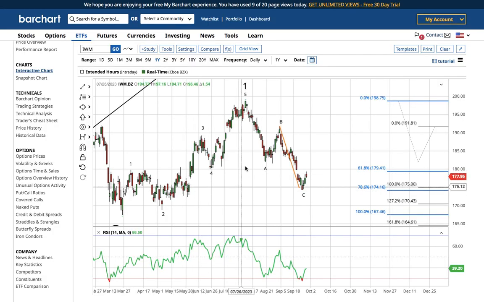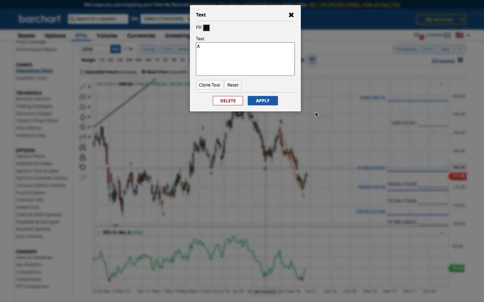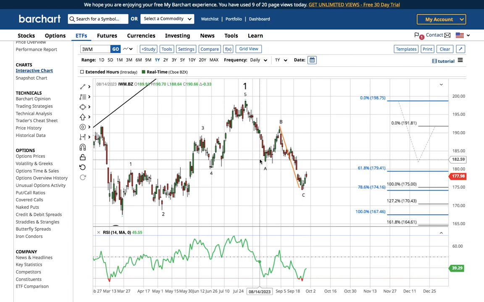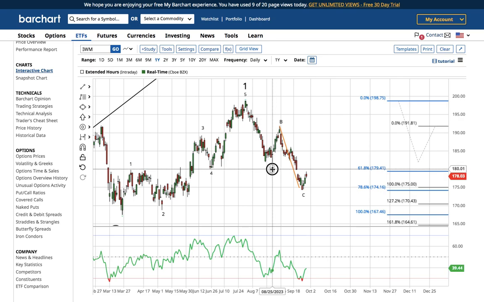And then this is, so what I'm doing here, this ABC correction, I believe, we're going to get a little technical. If you look at this, some people might be nitpicking and say, Pup, why don't you have wave A ending here?